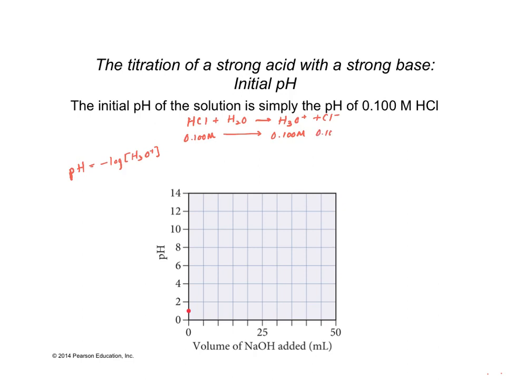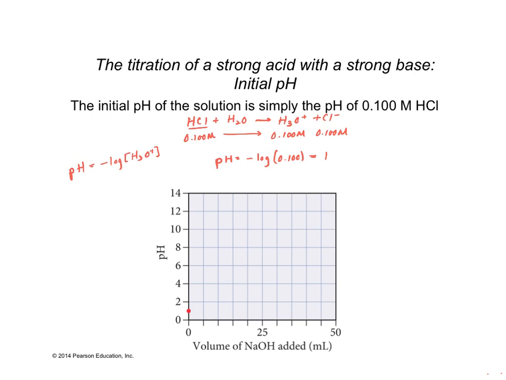My concentration of Cl minus is also 0.1, but that doesn't necessarily matter. So now to calculate the pH, all I need to do is take the minus log of my concentration of H3O plus, which is the same exact thing as the concentration of initial acid. And that gives me a pH equal to 1.